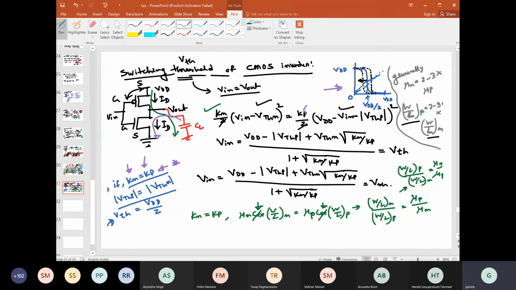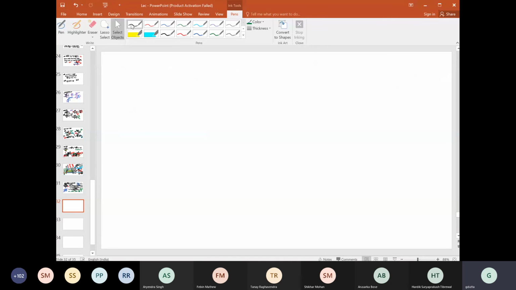But as you know, as the technological node keeps decreasing to enhance performance, we can always see that the separation between the source and drain is actually decreasing.